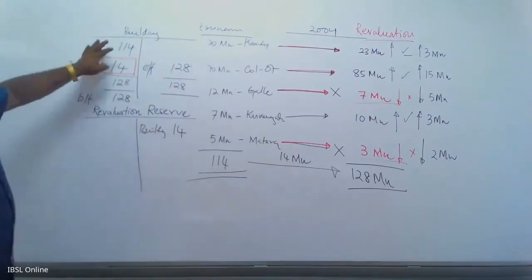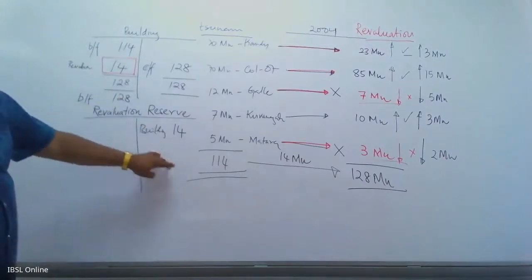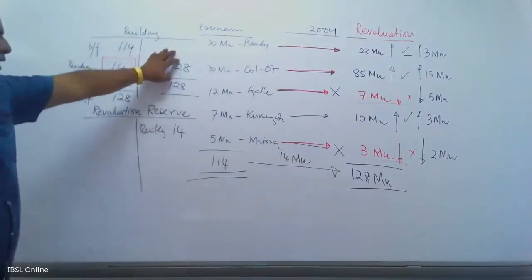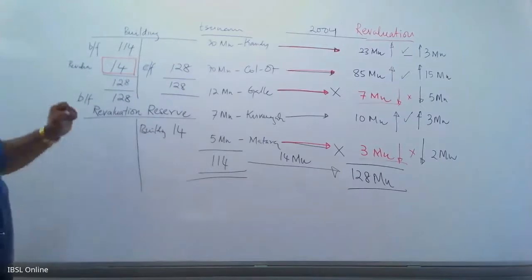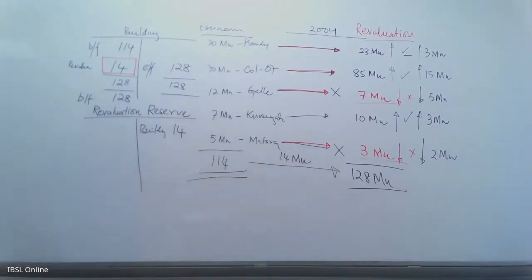Again 3 million gain, we will record it. Again 2 million loss, we will credit here, debit the revaluation reserve. So the gains and losses you have to account for accordingly. Okay. So this is how the double entry will look like. I want you to take down the T accounts. Please take down the T accounts.